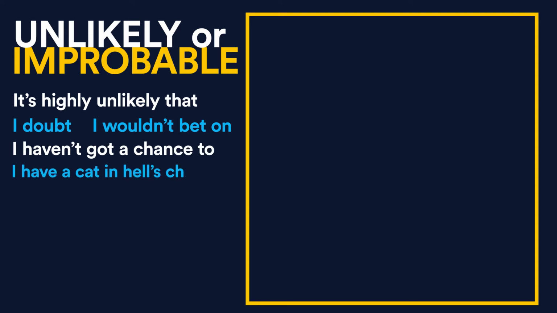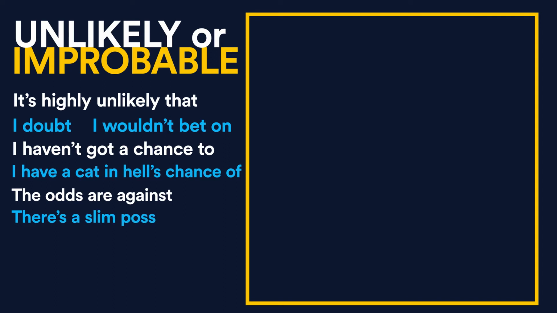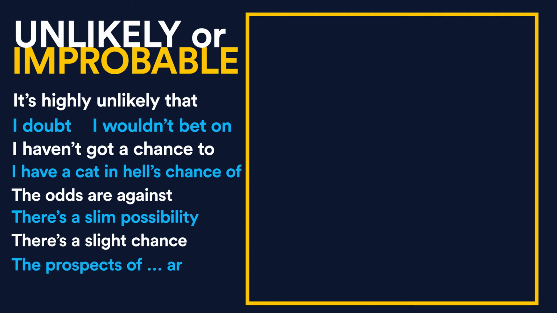I have a cat in hell's chance of. The odds are against. There's a slim possibility. There's a slight chance. The prospects of X are slim. There's very little chance that.